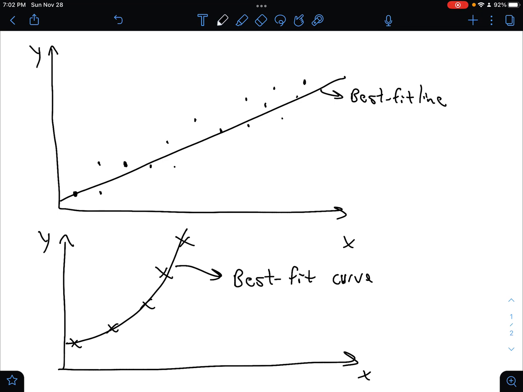So I want to make some comments about what we actually mean by best fit. There are some assumptions here. And one assumption is that your scatter is Gaussian or normally distributed.